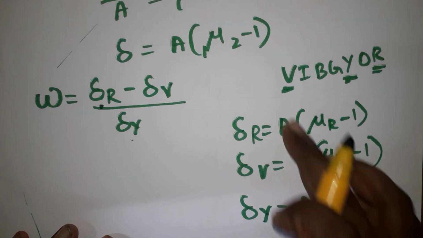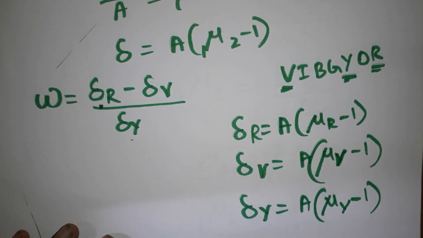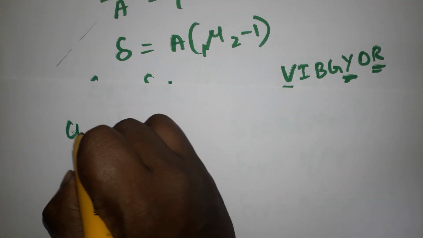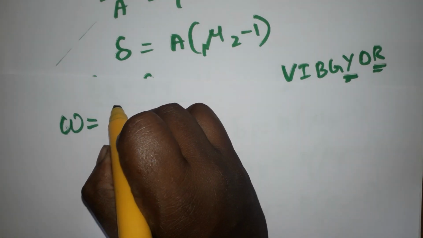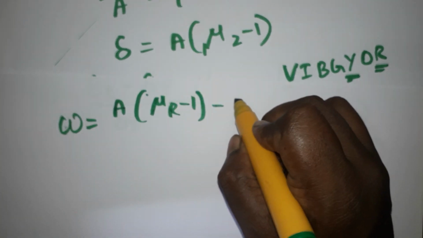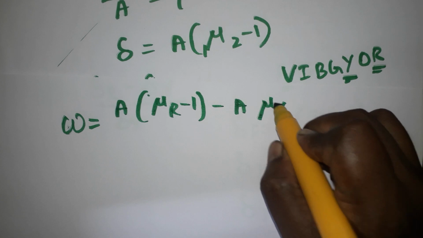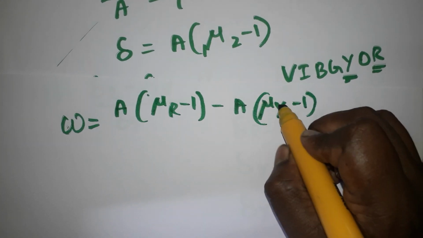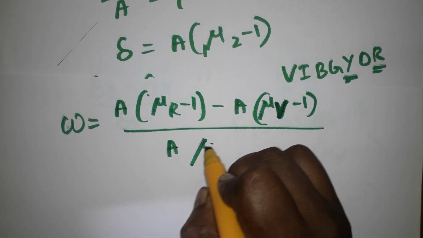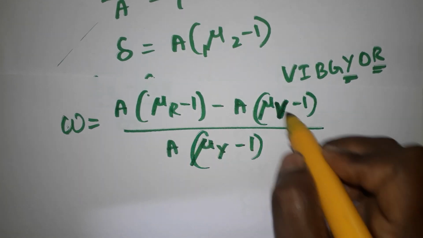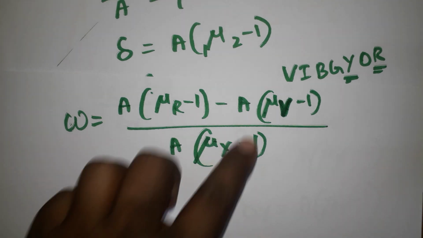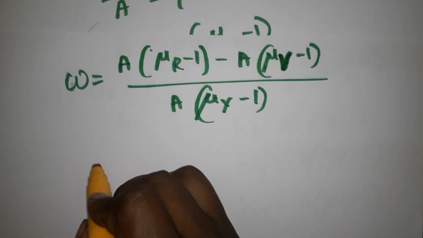If we substitute everything here, the total dispersive power is equal to A(refractive index of red minus 1) minus A(refractive index of violet minus 1), divided by A(refractive index of yellow minus 1). The angle of the prism is common, so it gets cancelled.